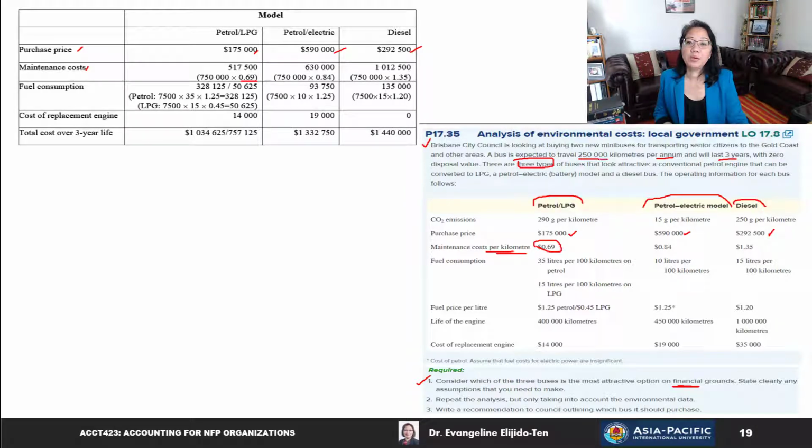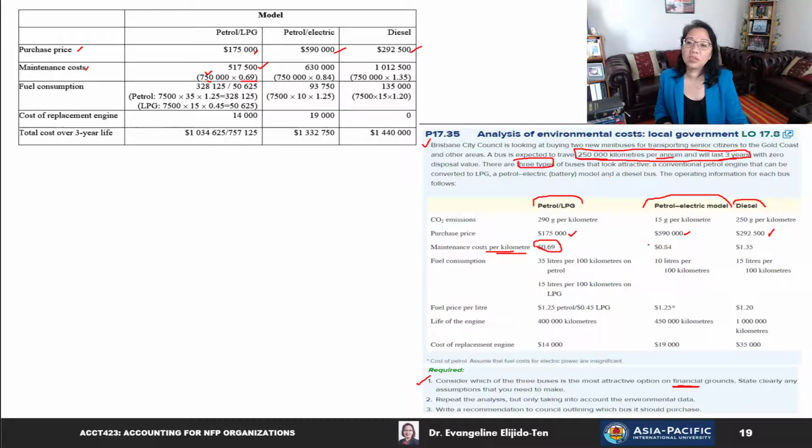Because the first paragraph says that a bus is expected to travel 250,000 kilometers per annum, and we are analyzing it for 3 years. So 250,000 times 3 years is 750,000. So 69 cents times 750,000 will be the maintenance cost for the entire 3 years for petrol LPG. So that gives us 517,500.